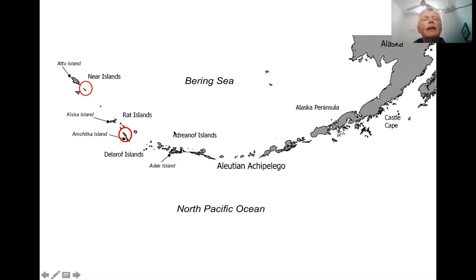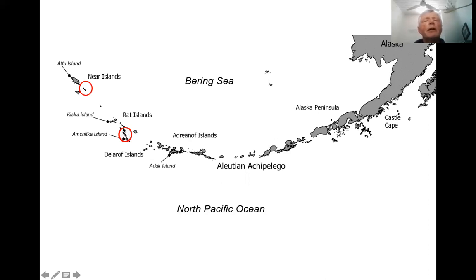The work we have done has been done in the Aleutian Islands because these are islands, and because they're islands, they form really useful large-scale natural experimental units. So the first part of this work was done simply by looking at a place called Amchitka Island, which is out in the western Aleutians, which was a site of the survival of a small colony of otters through the fur trade.